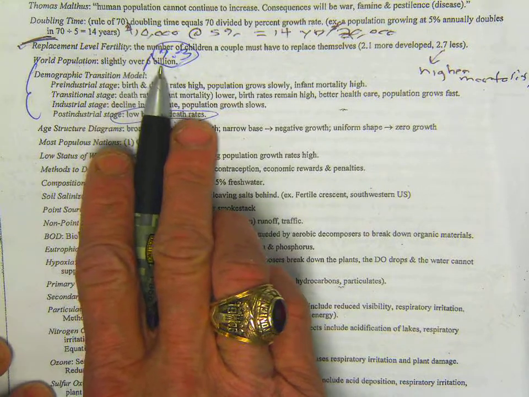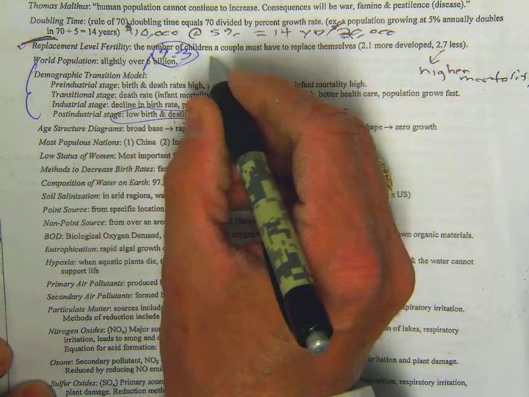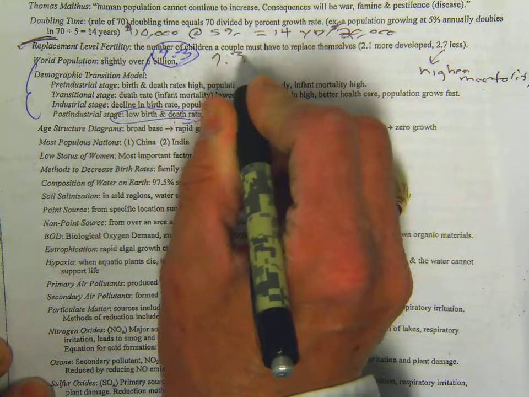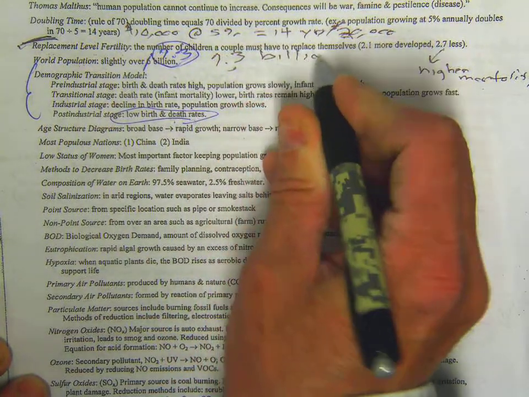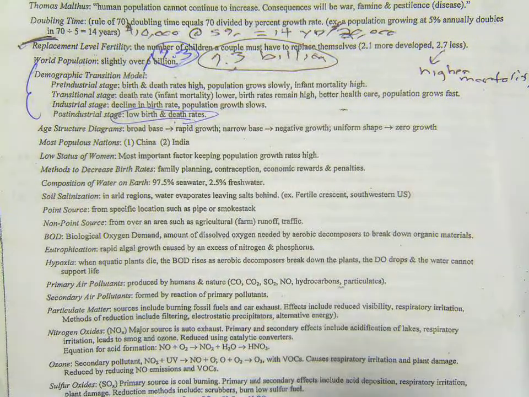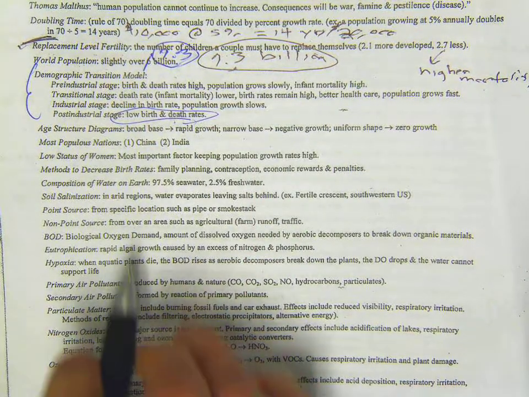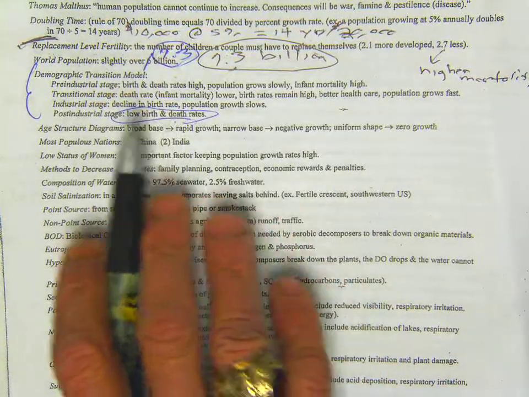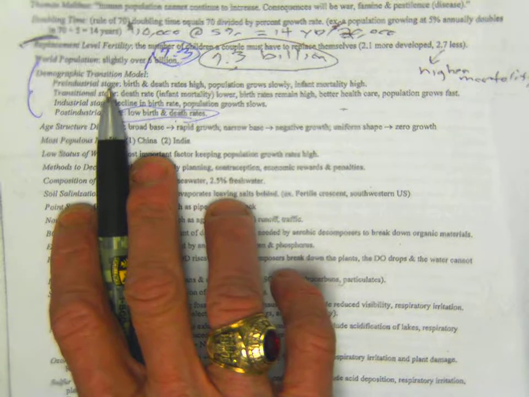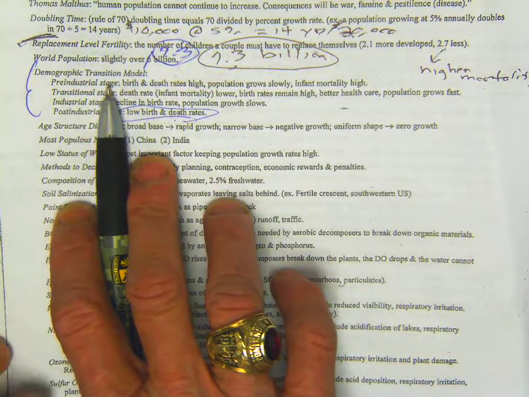World population, most of you have a pretty good feel for that. I would say about 7.3 billion, something like that, and as we know, that figure is increasing all the time. The demographic transition model, I think we spent a lot of time on this in class in first semester. This really hooks in with the Industrial Revolution.